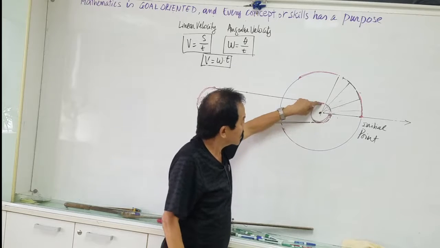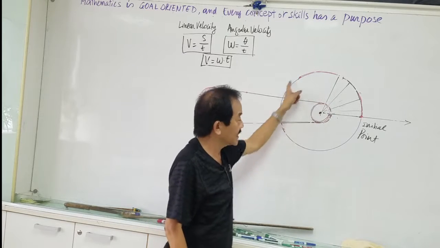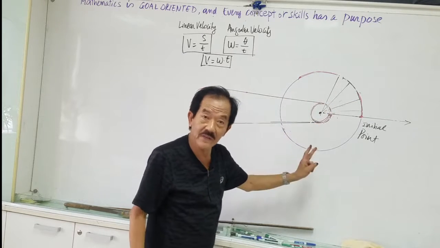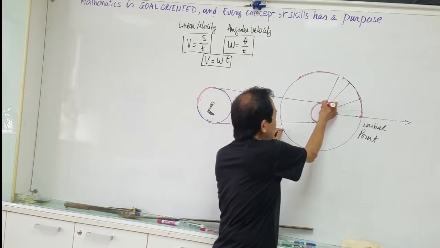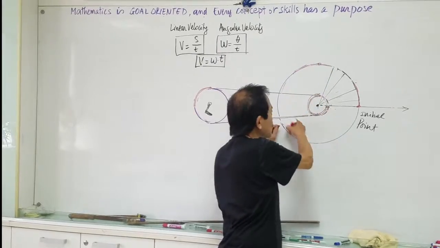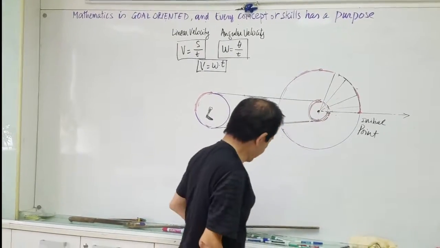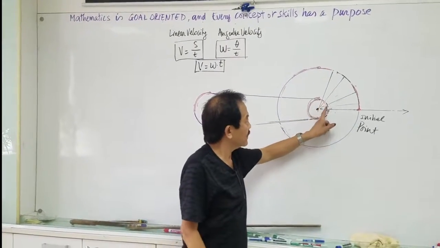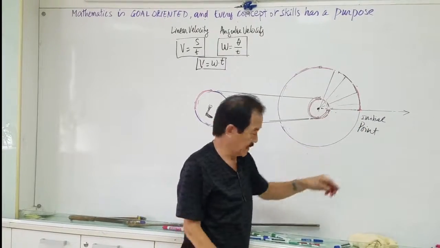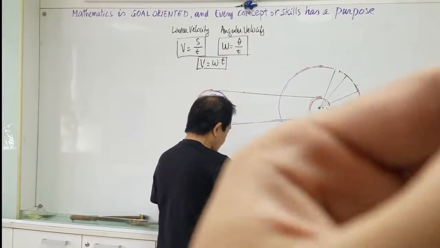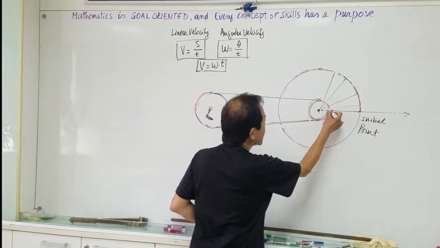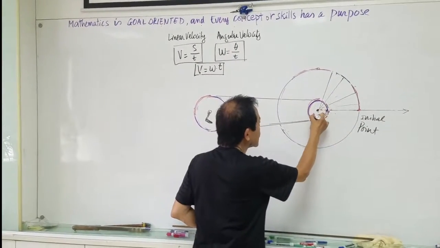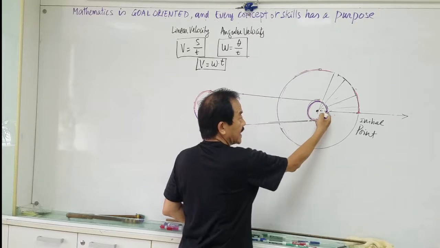However, if you talk about this sprocket here and the wheel here, the angular velocity stays the same. Because if this one goes all the way from here, this one goes all the way from here. However, the linear velocity of this one and this one is completely different. You imagine when you pedal it, the point here moves all the way from here to here, making a distance like this.